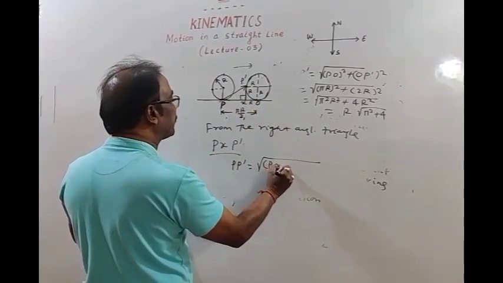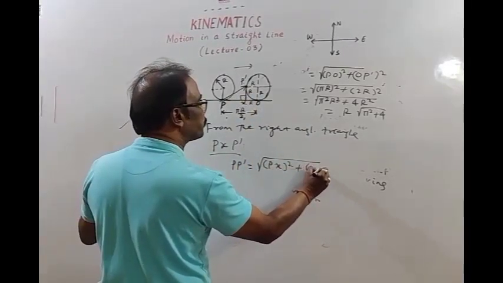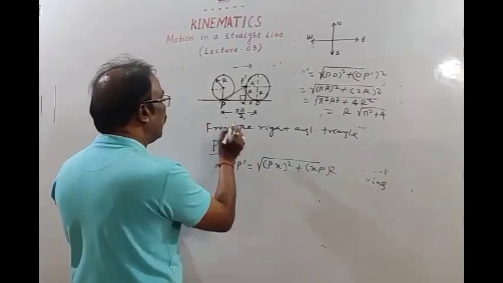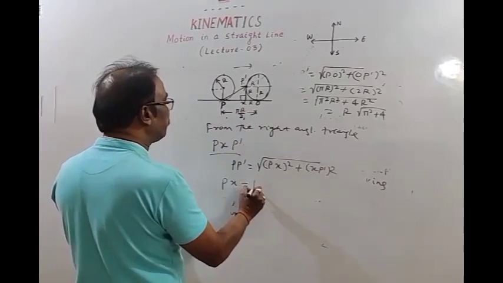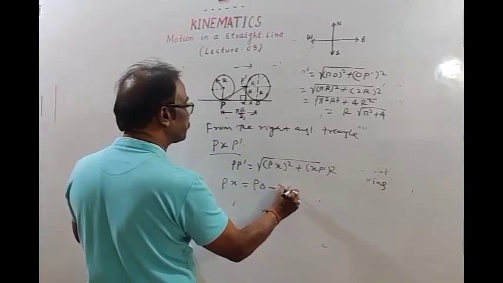Square root of PX square plus XP dash square. And here PX is PO minus XO.